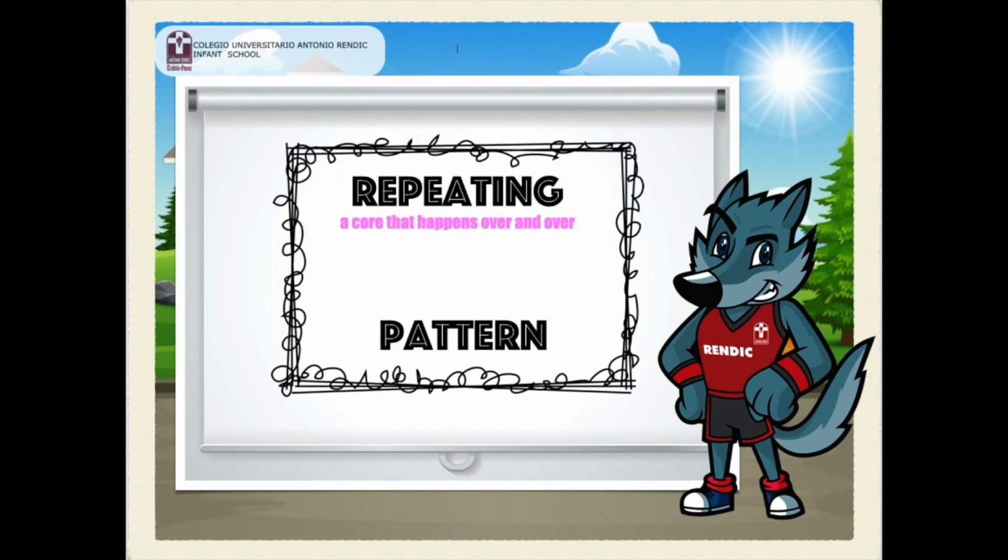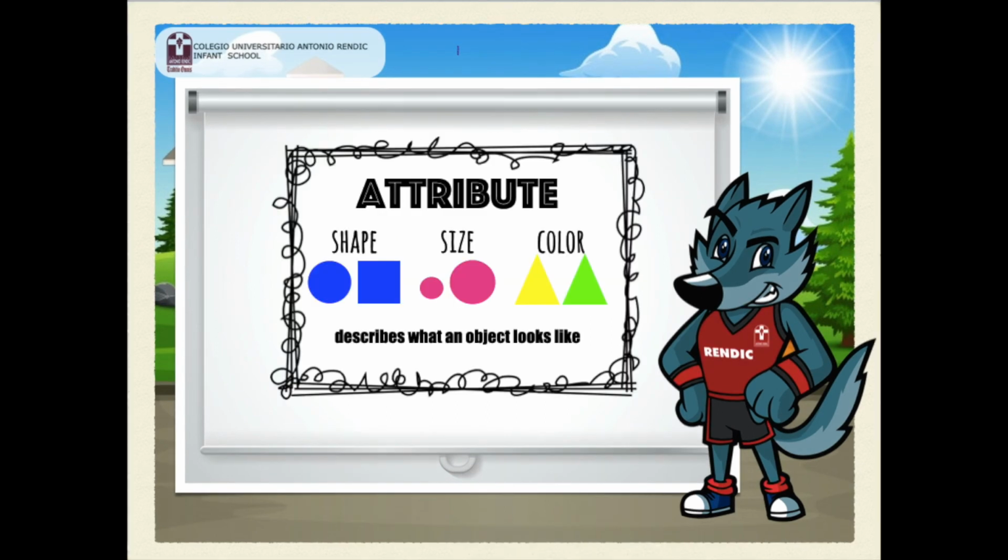Repeating pattern. It's a core that happens over and over again. Look here. Attribute describes what an object looks like.